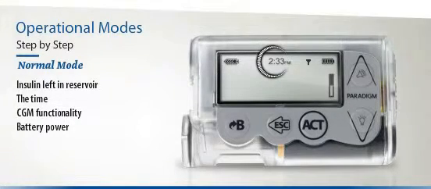In the center of the screen, you will see the time. If you're using continuous glucose monitoring, you will also see a symbol that looks like an antenna. Finally, you will see how much battery power is remaining.